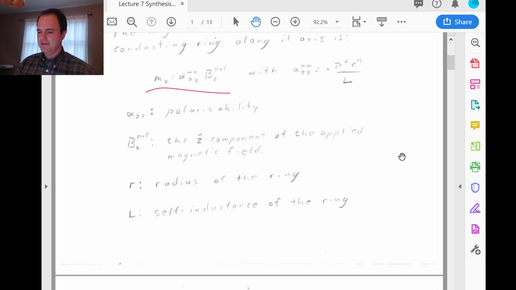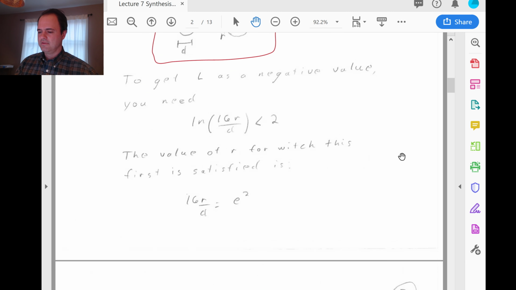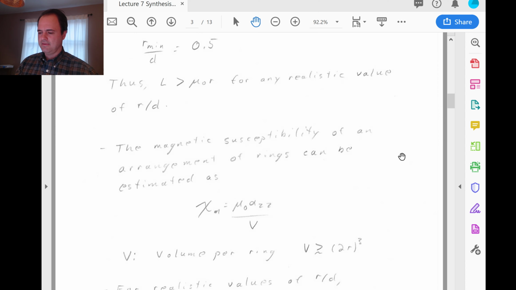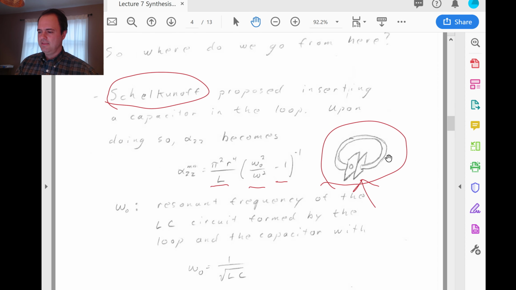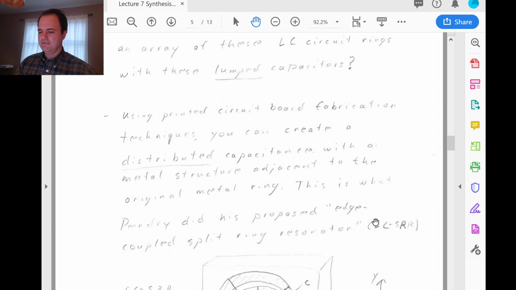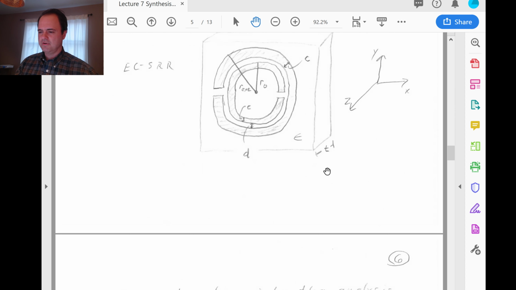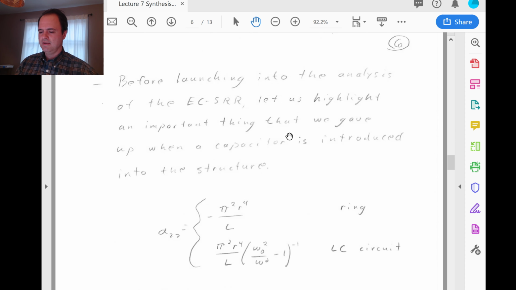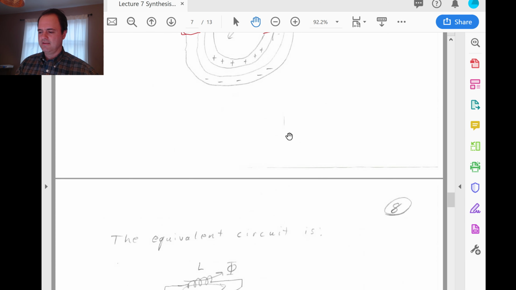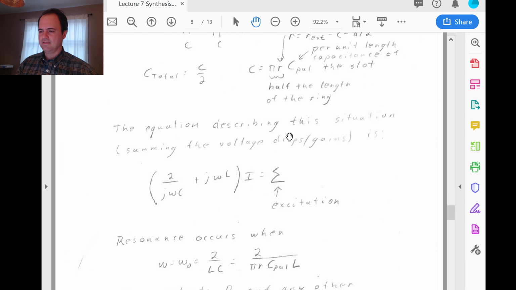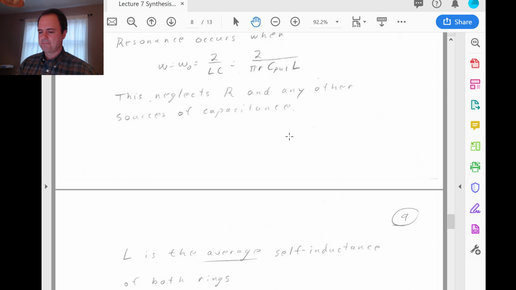And the only way to do that is to introduce a split in the orbit and put in capacitors. How to effectively do that? Not by the way Shulkinov proposed, but in this way here, a distributed system. And then it's just working through the mathematics and demonstrating that, yes, indeed, you can get strong diamagnetism with these structures.